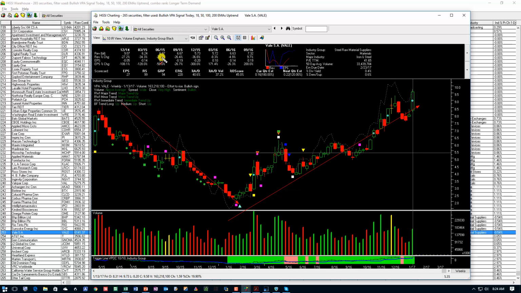Back at this point in 1-16, let's see, the fundamental information that was out at this time would have been based on the 12-15 quarter, down 300% compared to the same quarter 1 year earlier, minus 20 cents. And yet what happens in anticipation?